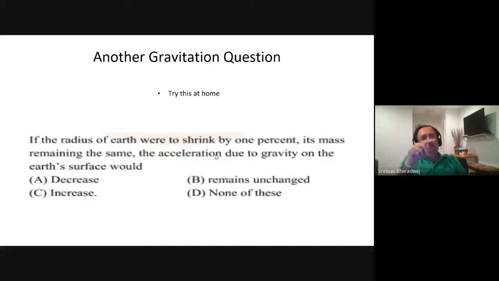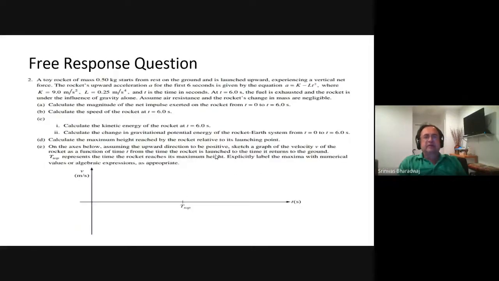So now m is the same, and r square declines. If r square declines, gravity is going to increase, right?